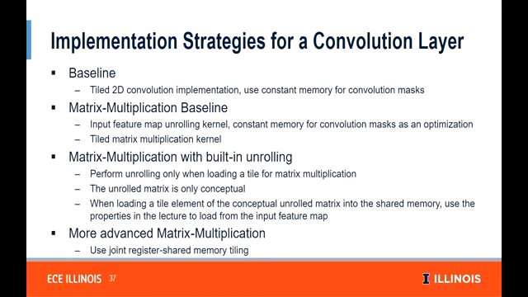When loading a tile element of the conceptual unrolled matrix into the shared memory, use the properties in the lecture to load them from the input feature map. After this, you should be able to get a better performance implementation than the 2D convolution implementation. In previous semesters, it turned out that this was not the case, because we messed up in our problem formulation.